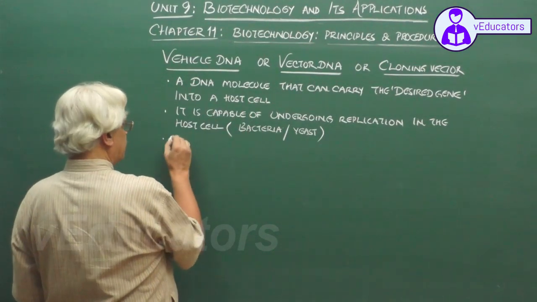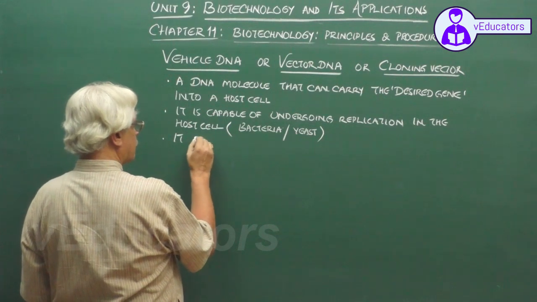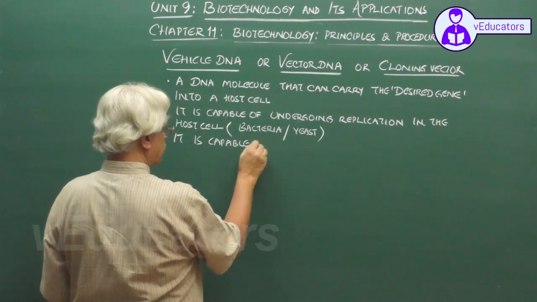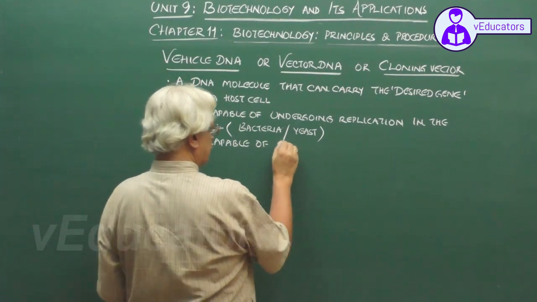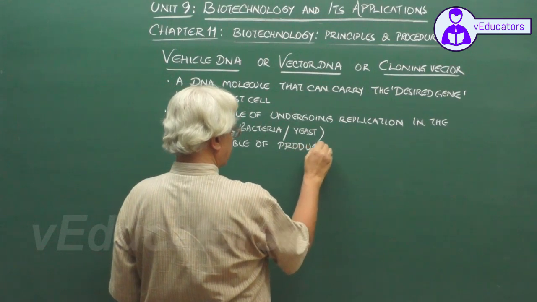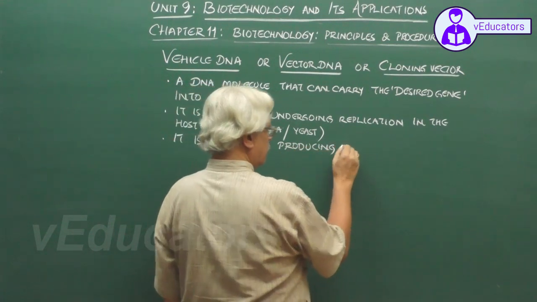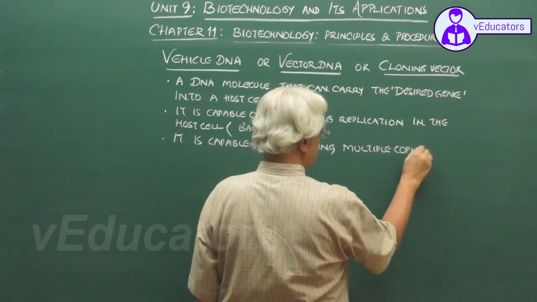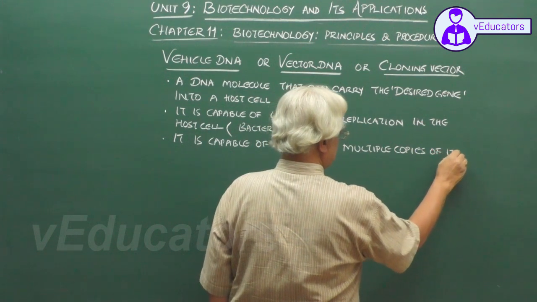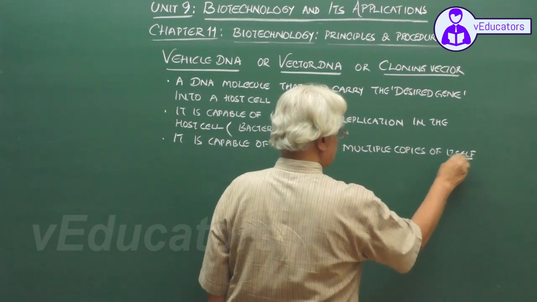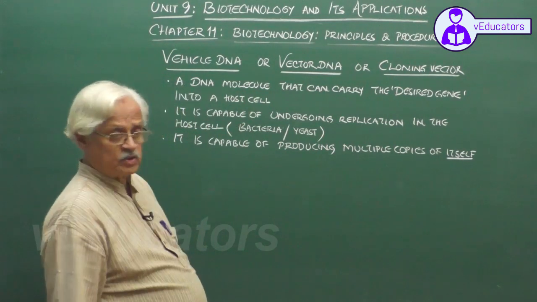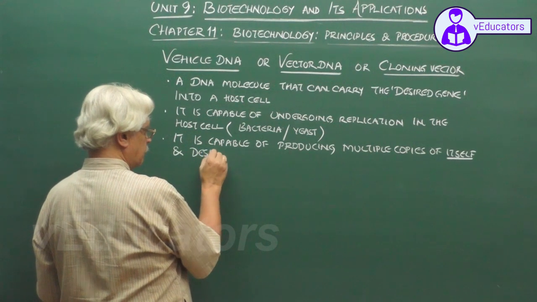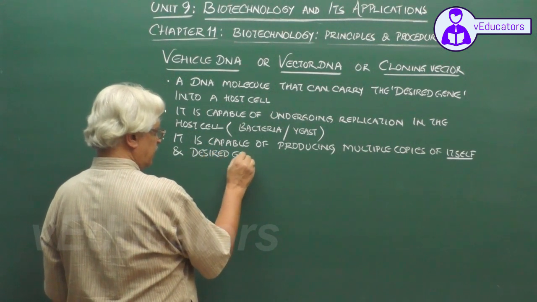The vector DNA must also be capable of producing multiple copies of itself, as well as the desired gene.